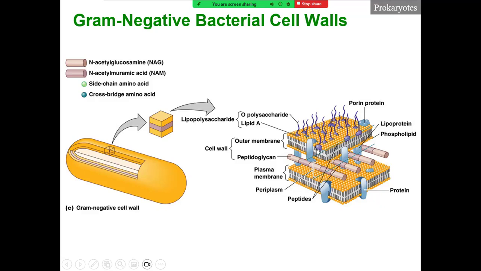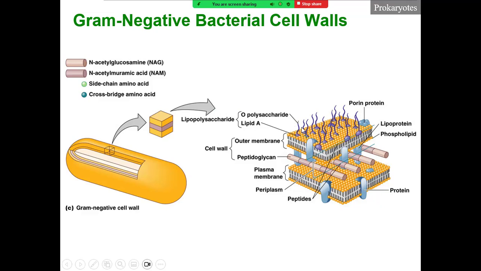This layer does have phospholipids. It's probably the number one molecule in this layer of the bilayer, but it does have other lipids, mainly lipid A, this blob here, and the lipid A is attached to the O polysaccharide, making this molecule a lipopolysaccharide.